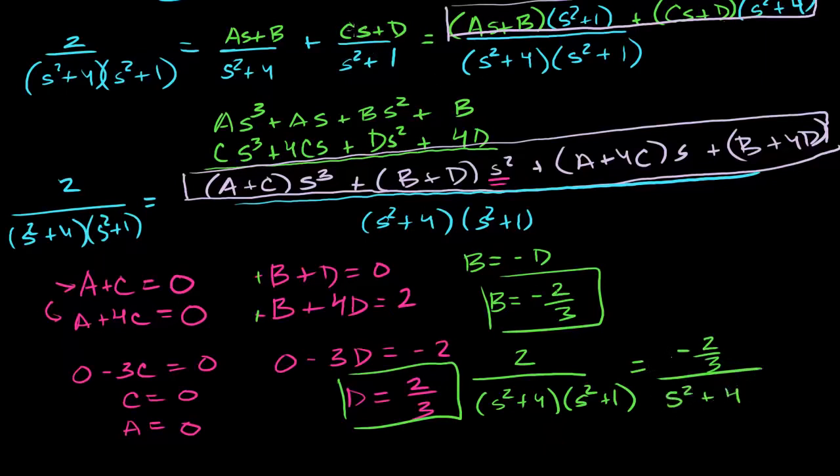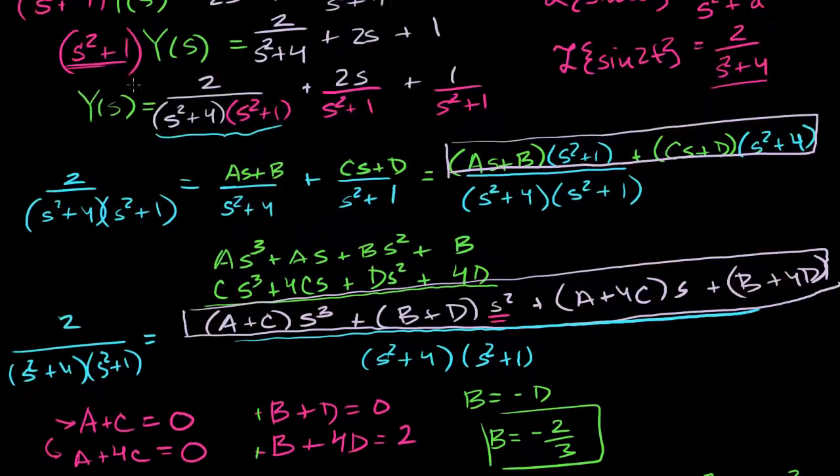And then c is 0. We figured that out. And then d is 2/3. So plus 2/3 over s squared plus 1. So all of that work that I just did was just to break up that piece right there. And of course, we have these other two pieces here that we can't forget about.